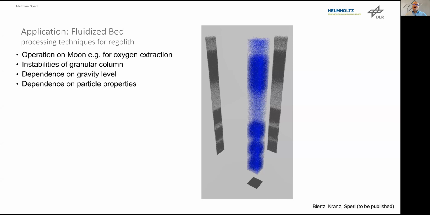And certainly I want to understand the processes and understand the differences from a 1G to a 1/6G to an almost 0G environment. There's hydrodynamic instabilities and certainly a dependence on the gravity level, but also a dependence on the regolith you're using. So in that sense, we are trying to do the best for the numerical modeling with input from experiments and then cross checks in lower gravity.